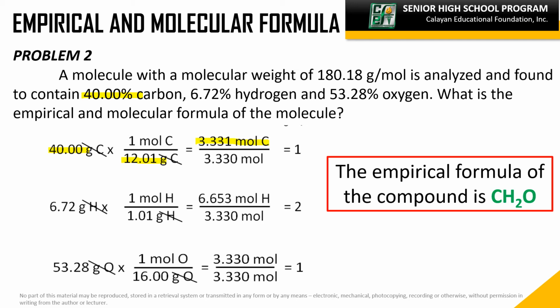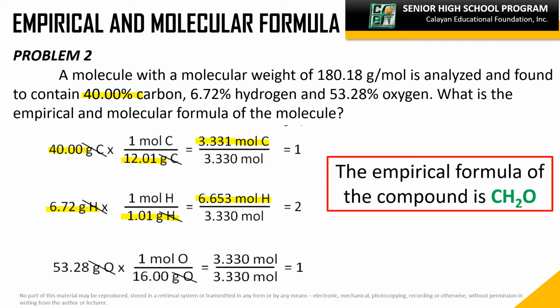Next, for hydrogen, the sample is 6.72 grams. In every 1 mole of hydrogen, there are 1.01 grams of it. So 6.72 times 1 divided by 1.01, you'll get an answer of 6.653 moles of hydrogen.